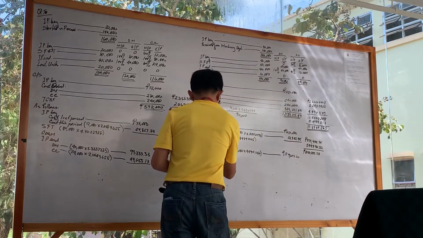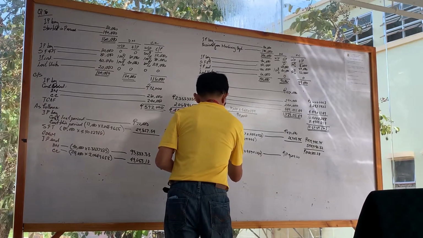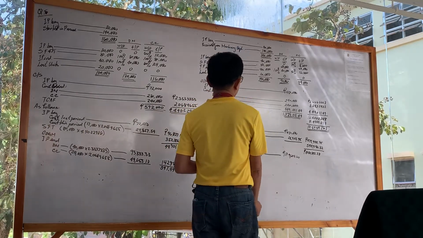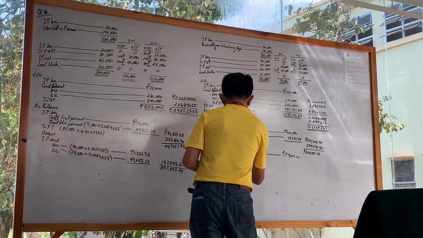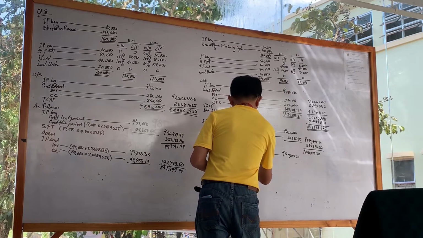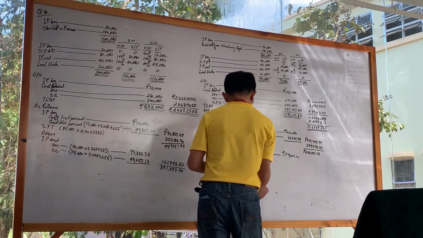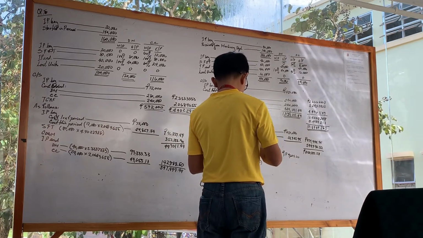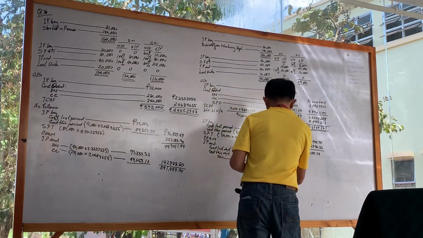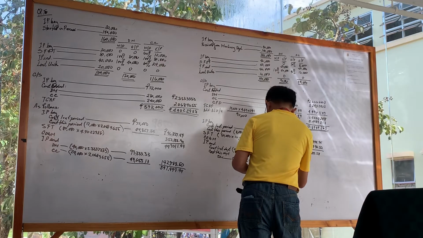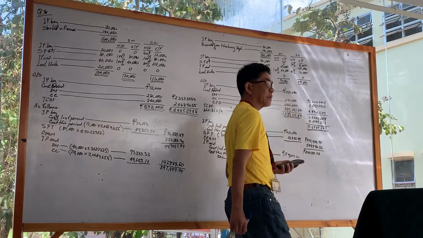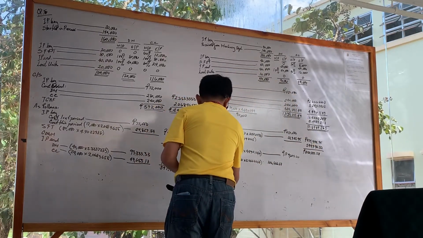Cost this department, direct materials, that is 40,000 times 2.666667, which is 106,666.67.